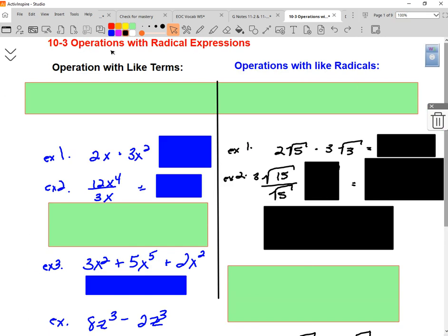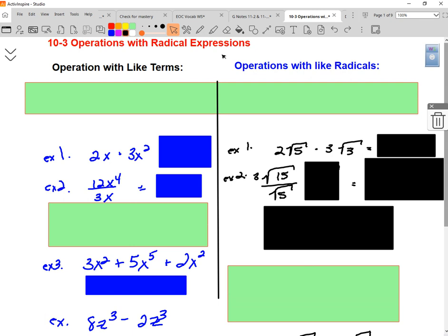All right, so your notes say 10-3, operations with radical expressions. We've actually multiplied and divided them already when we simplified them. So we are going to multiply and divide them, but today the new thing really is adding and subtracting them.